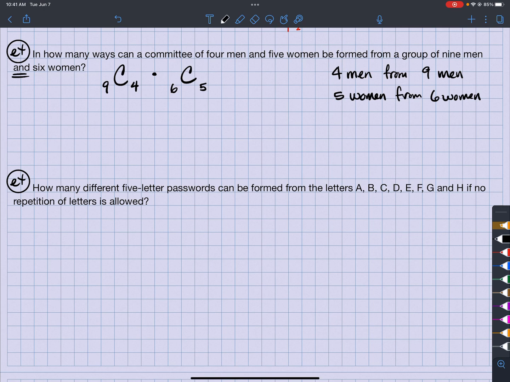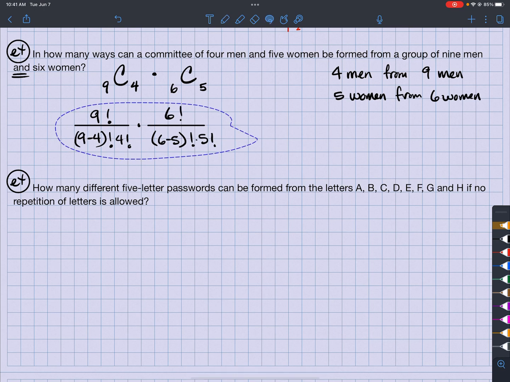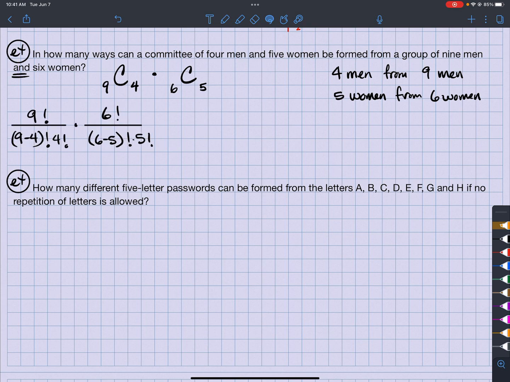So 9 choose 4 is going to be 9 factorial over 9 minus 4 factorial times 4 factorial, times this one here, which is 6 factorial over 6 minus 5 factorial times 5 factorial. All right? So we're going to bring it all the way over here.